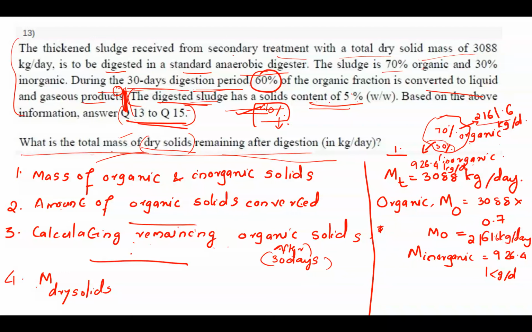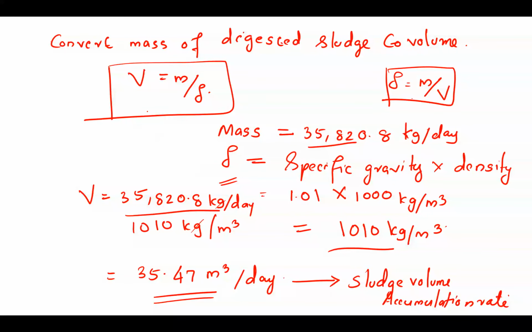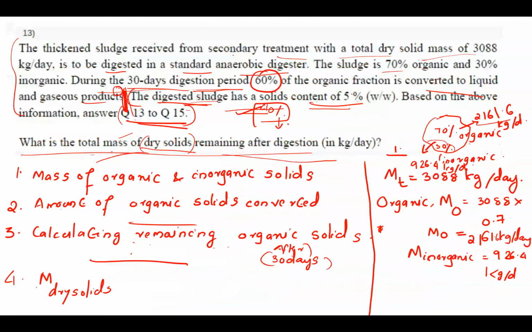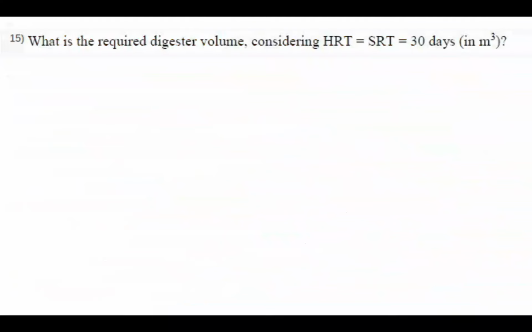From that we get the total digested sludge solid content, and then we convert that into volume by dividing with the density, which is the specific gravity times the density of water. Clear? Yes. Okay.